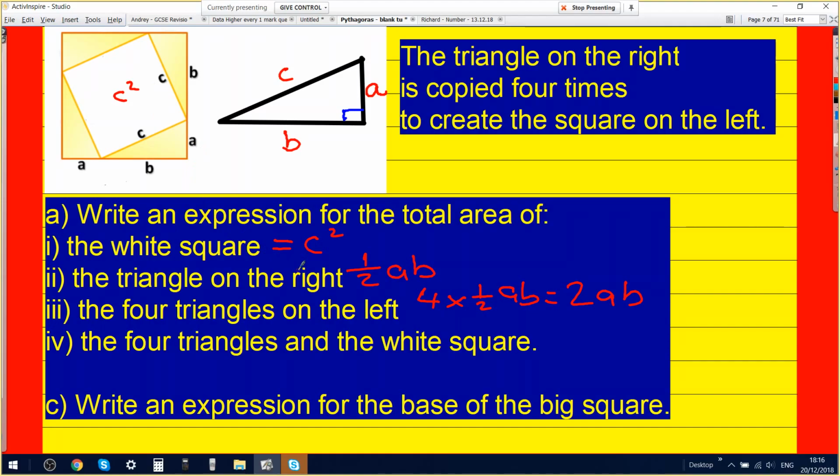And so an expression for the total area on the left: because we already said the answer to the triangles was 2AB, we could just leave it as c squared plus 2AB.